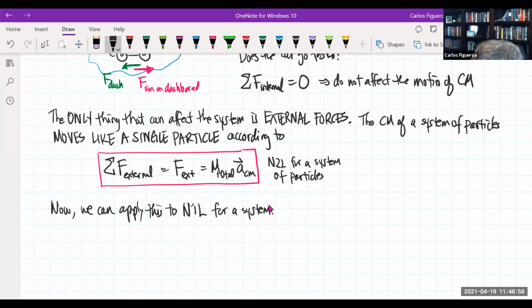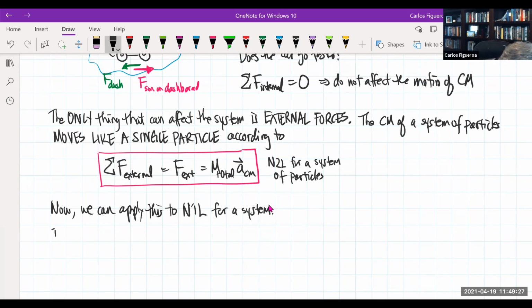Well, what we said about Newton's first law in the past is that if there are no external forces, if there are no forces acting on an object, then the object will either be in static equilibrium or dynamic equilibrium. A system behaves exactly the same way here.